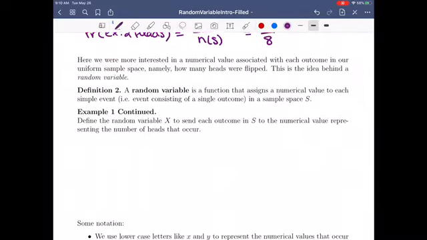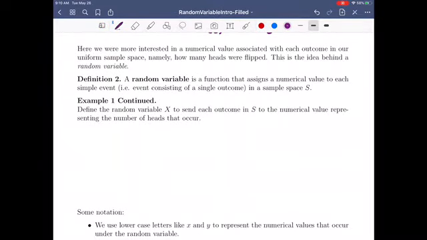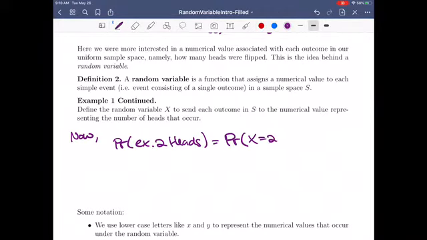Now we can better write the probability of exactly 2 heads. I can describe my event more succinctly as writing the probability that the random variable X equals 2.